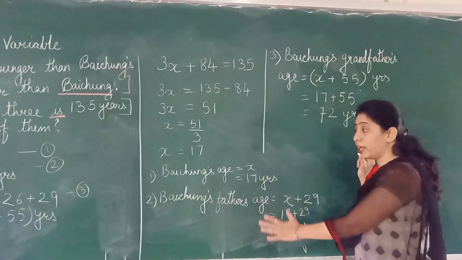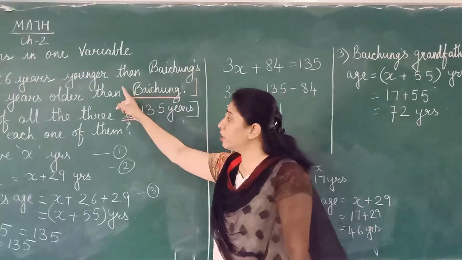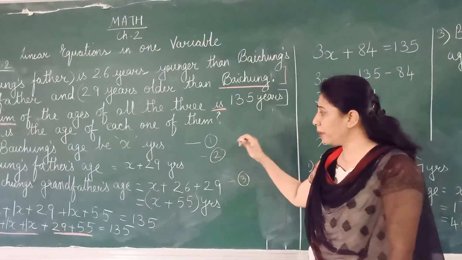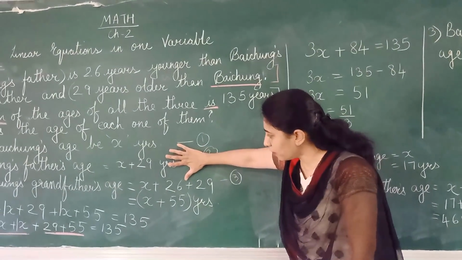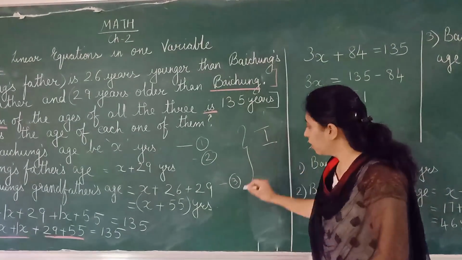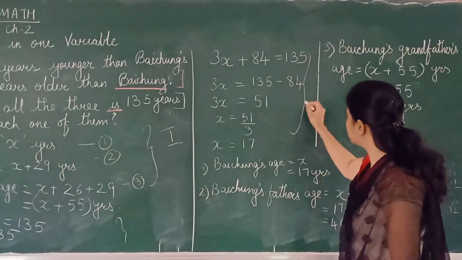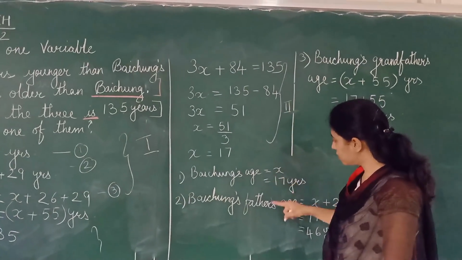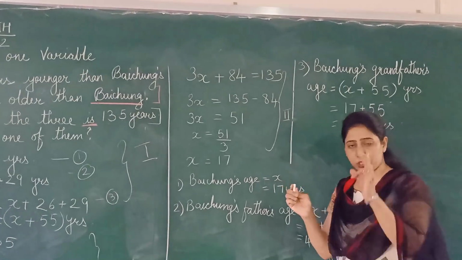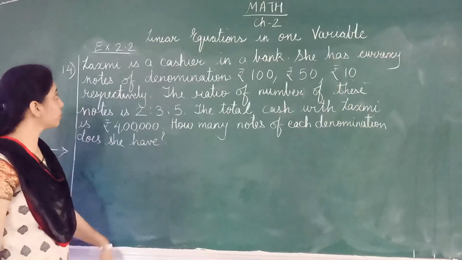So you have to find out the age of all the three of them and just read the word problem carefully and make your steps. This is your first step. See, up till here is your first step. From here to here is your second step, and this is your last step. So 3 steps you are answering this. So this was your question number 11.